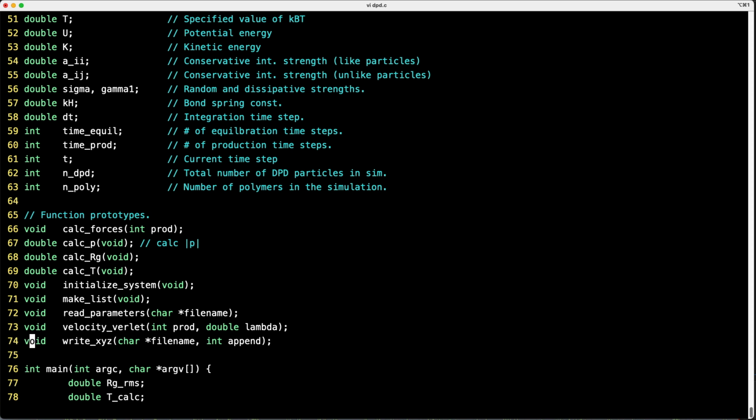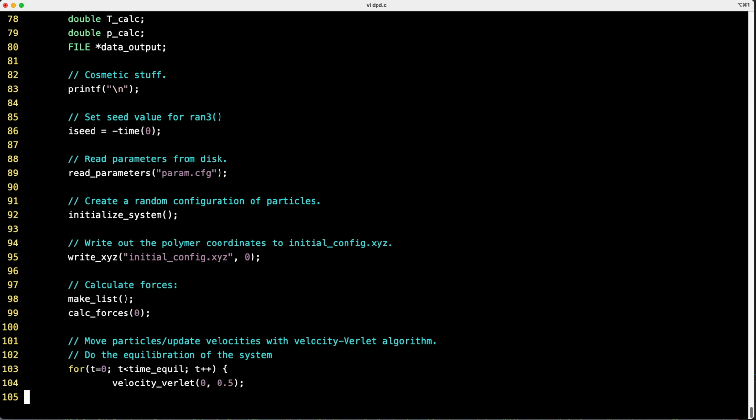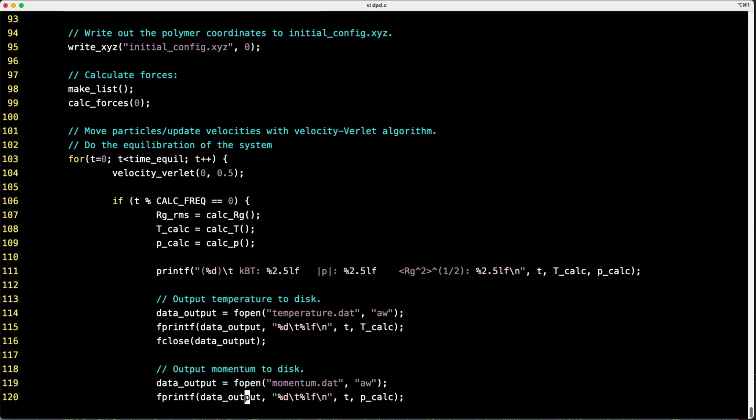So we want to call write XYZ, specify the file name and whether we want to append. Notice up here when we first write out, we said the initial config, we set append equal to 0 because we want to generate a new file. We don't want to append anything. Down here, though, we might actually want to append.